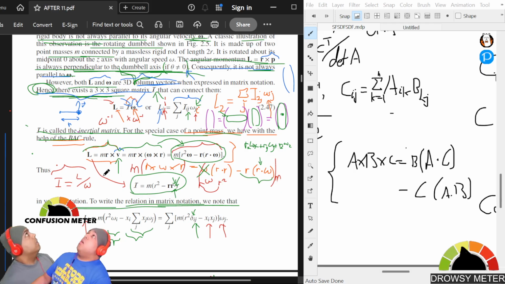Is there another way to do that? Or not divide by omega? L divided by omega. What does it mean to divide a vector by another vector?